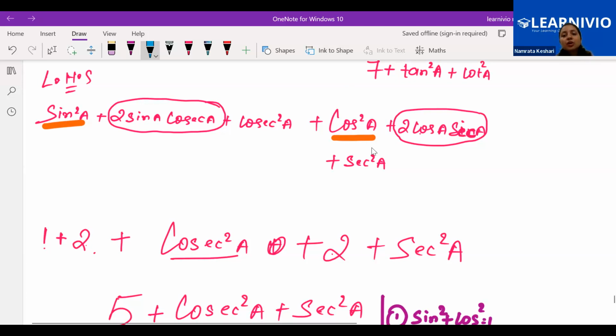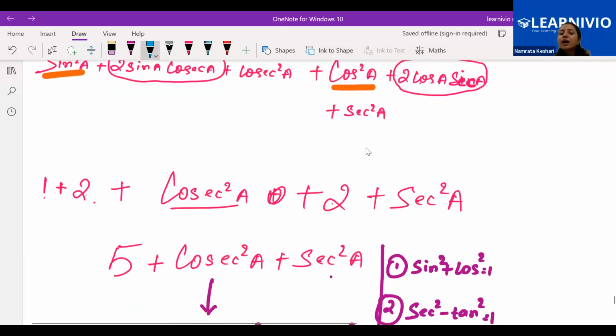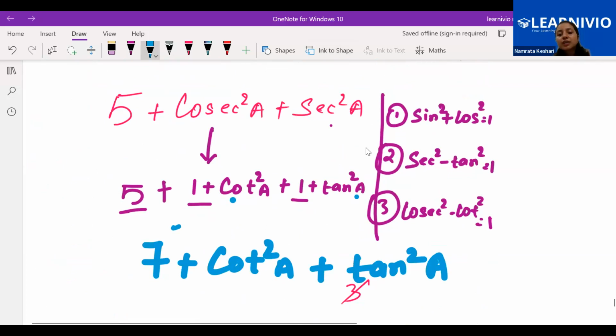Now we will go and see the RHS and we will keep on looking at the RHS and we will be thinking tan is there, cot is there, how to make tan and cot, and hence we figured it out and we are done. Getting it? Okay, let's continue.